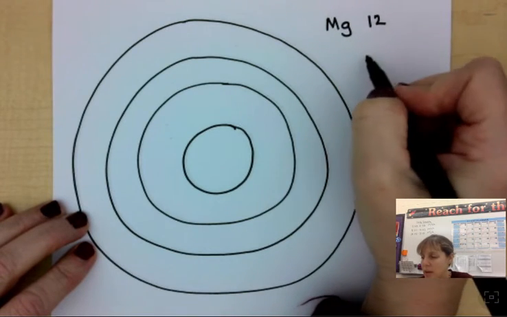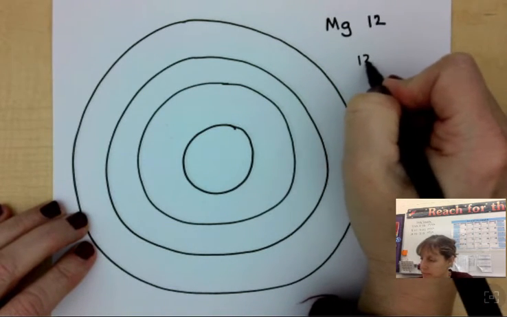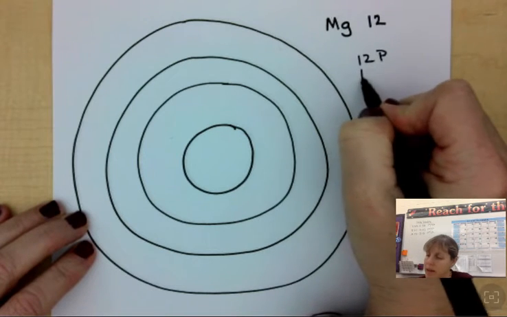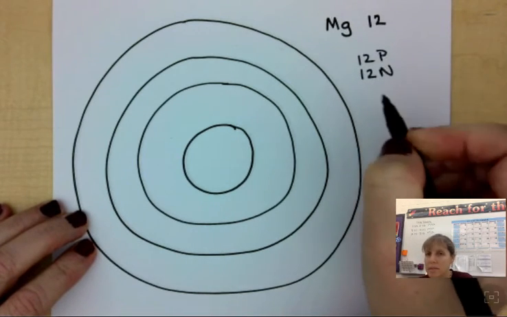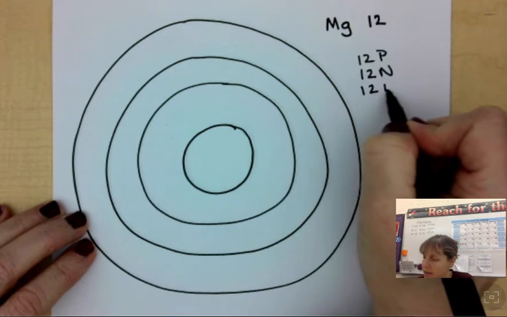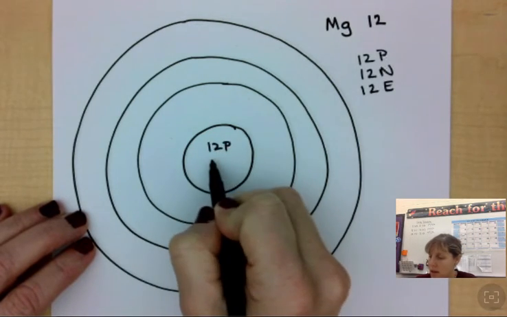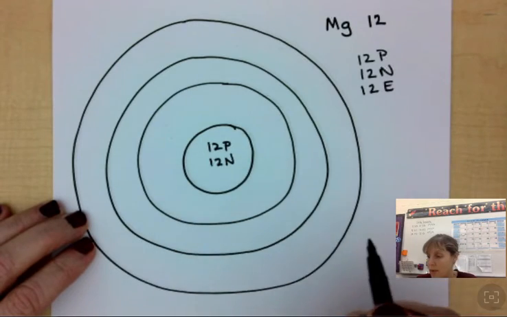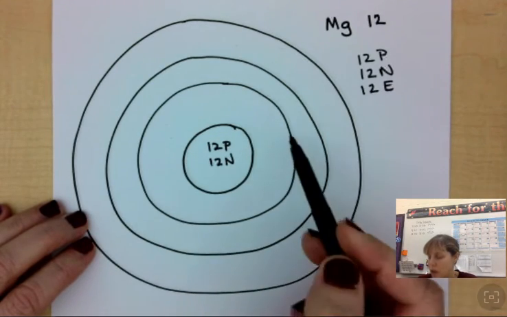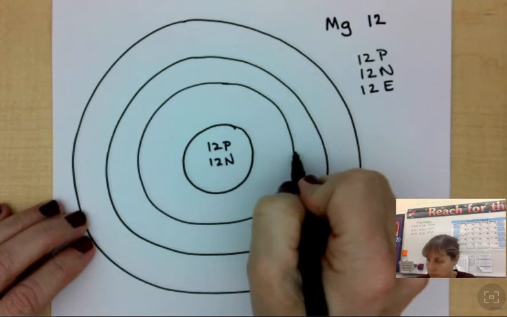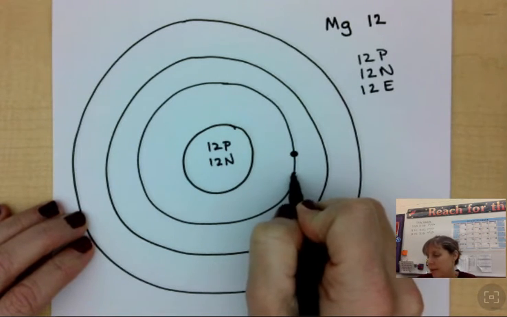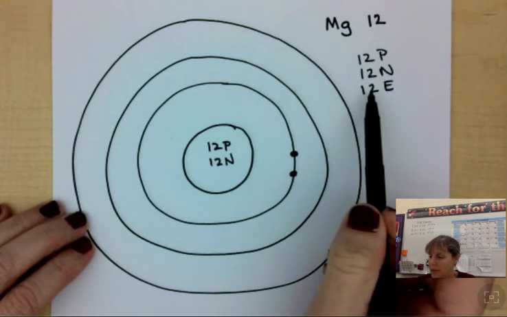That gives us how many protons? 12 protons, same number of neutrons, and same number of electrons. Protons and neutrons go in the center, so we have 12 protons, 12 neutrons. We have 12 electrons, so how many go on the first shell? Remember our rule, we have 2. 1, 2. We have 10 left.